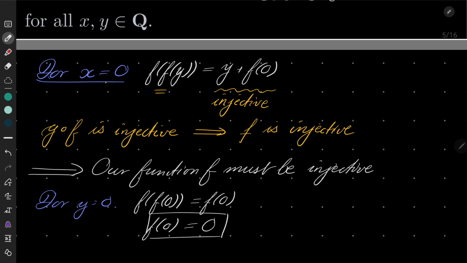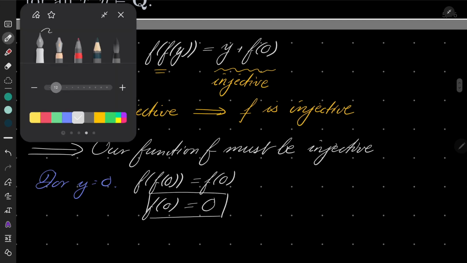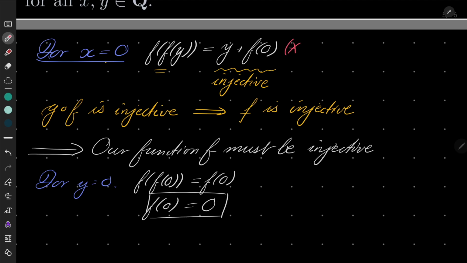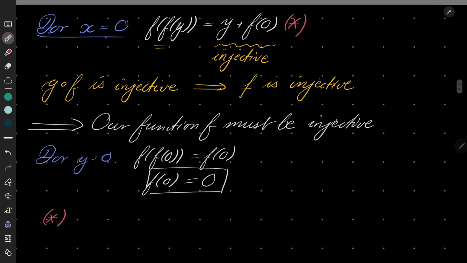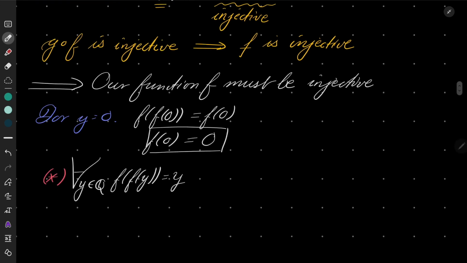Okay, so we know something. And that means, let's denote this equation by asterisk, then our equation asterisk becomes f of f of y equals y for every rational number y. So function f is, I believe, an involution. If f composed with itself is the identity, these types of functions are called involutions. Okay, so we know something now.